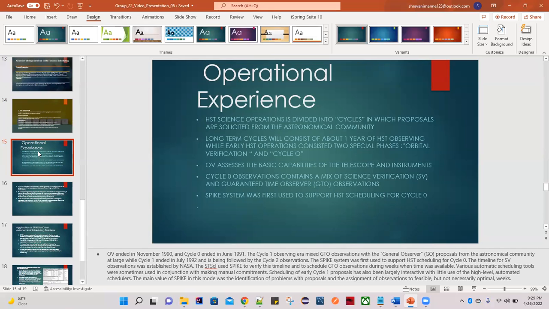Cycle 0 observation contains a mix of scientific observations and guaranteed time observer observations. The Spike system was first used to support HST scheduling for cycle 0.